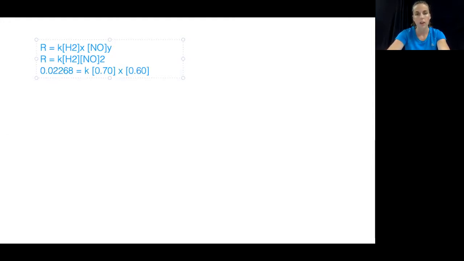and that's squared. To get K by itself, I'm going to divide by 0.7 times 0.6 squared, and I'm also going to do it on that side so that K is by itself.